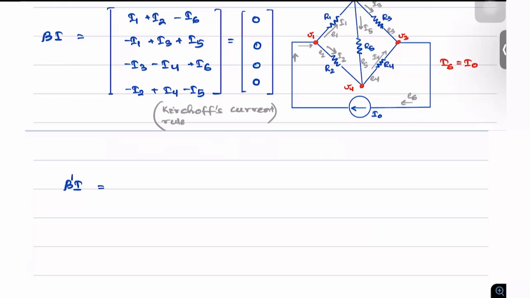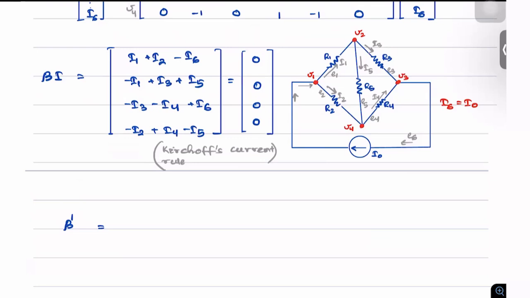So let me call it B prime. What is B prime? B prime is now the incidence matrix of the reduced system, which has 5 edges. Which system is that? It's just this sub-network here. So B prime has the same number of vertices, 4, but now fewer edges, meaning we now have only 5 currents that we are interested in, up to I6.